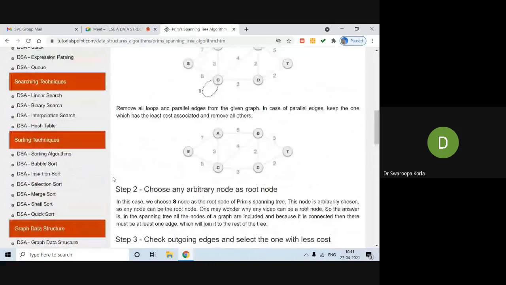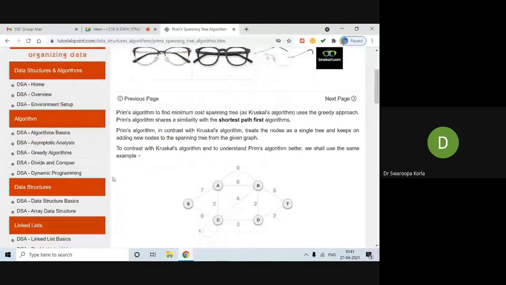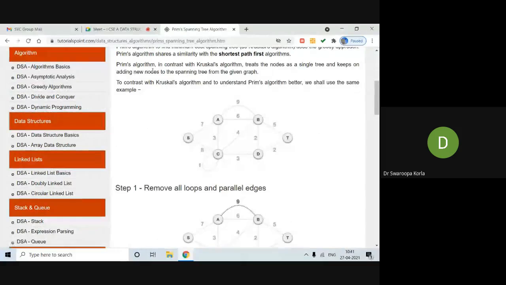Now there is a point given here. Prim's algorithm, in contrast with Kruskal's algorithm, treats the node as a single tree and keeps on adding new nodes to the spanning tree from the given graph. That's what we did. To understand Prim's algorithm better, we are taking the same example.